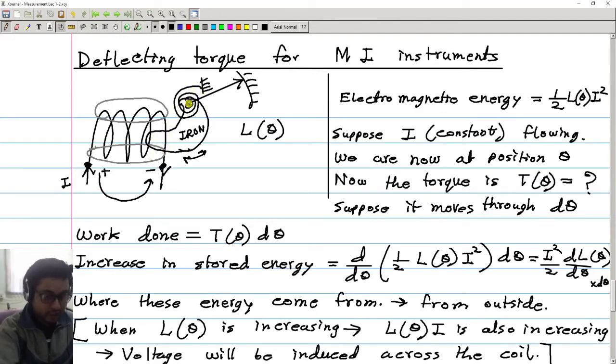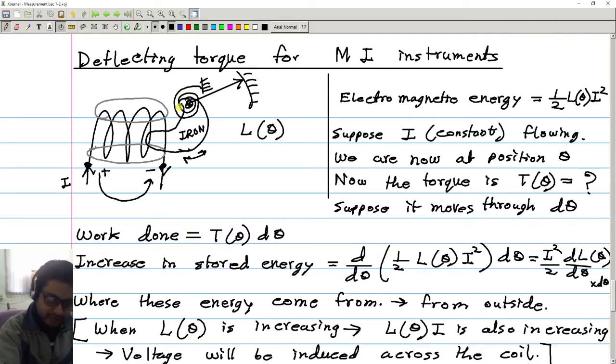If the spring is not there, then this attraction force will do this amount of work, which will increase the velocity of this iron piece. So this work will go completely into the increased kinetic energy of the iron piece if there is no spring.